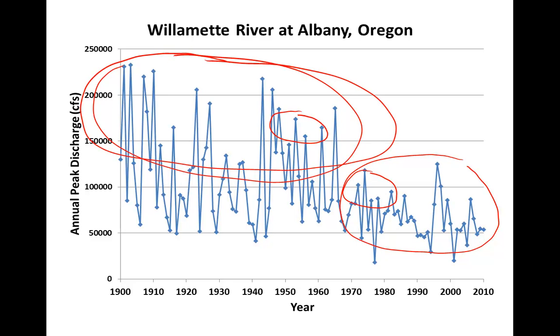As a result of the analysis, we'll see how the probability of seeing discharges of different sizes and the magnitude of those discharges has changed with time as a result of changes in the watershed. Dam construction is an example of one change, but land use changes and their effect on runoff, potential climate changes, and so forth can all affect the size of discharges and frequency or probability of seeing a discharge of different sizes.